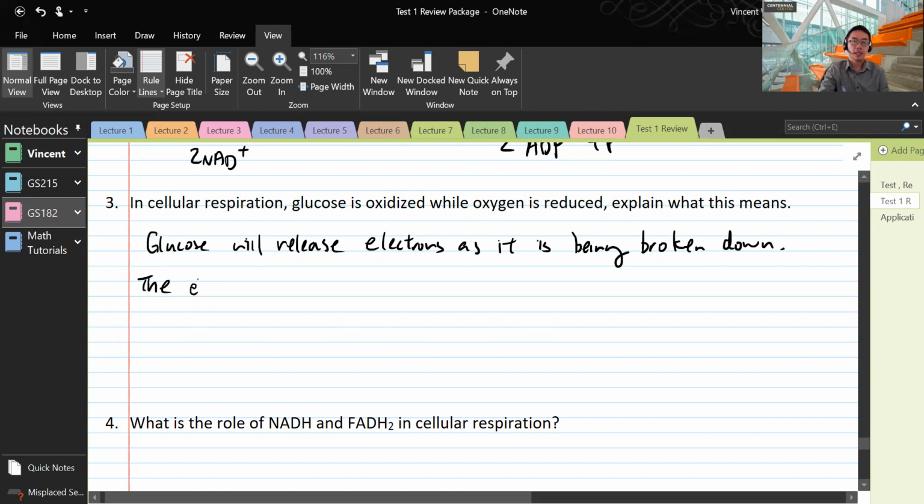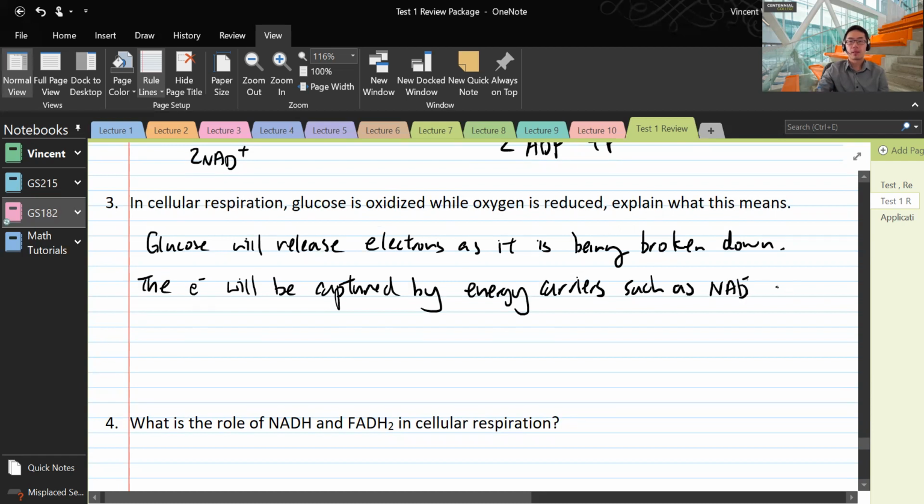The electrons will be captured by energy carriers, such as NAD plus and FAD.